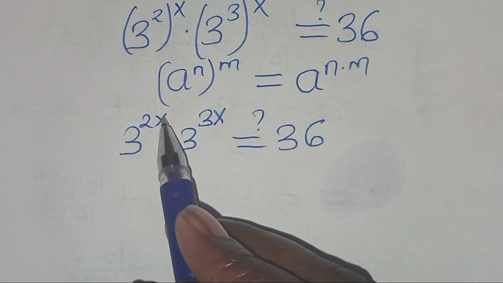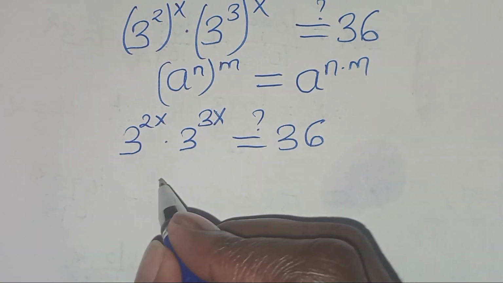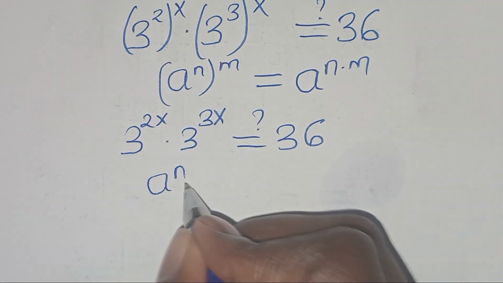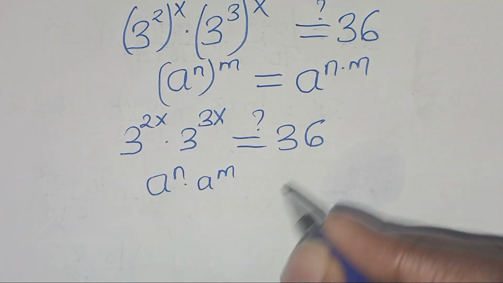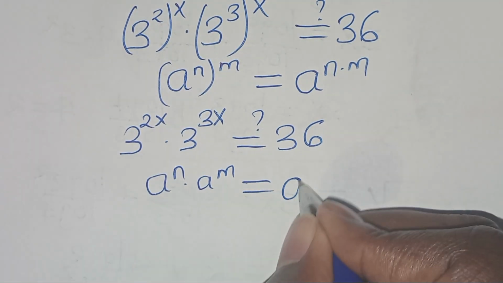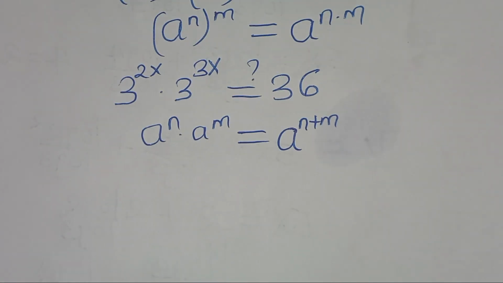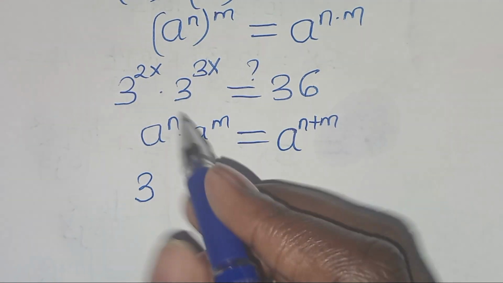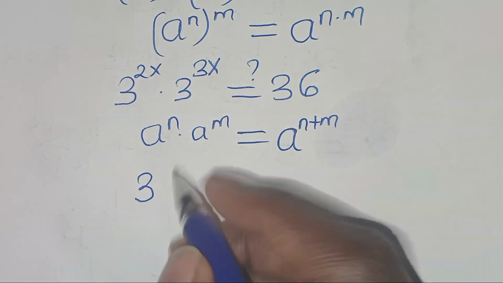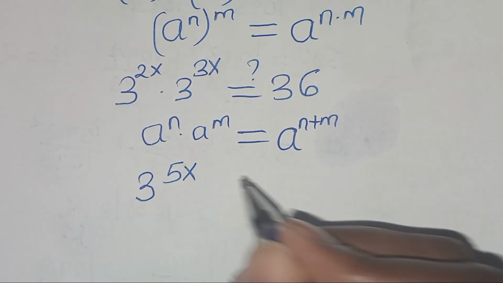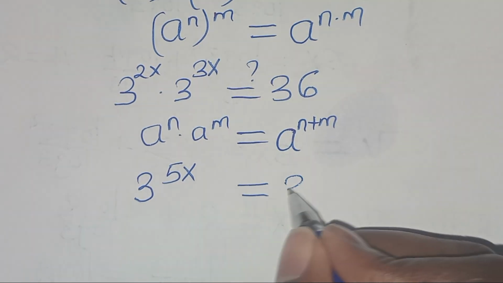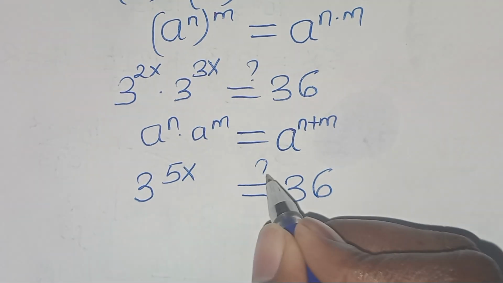Now, this is in the form of a to the power of n times a to the power of m, which we can express as a to the power of n plus m. Therefore, we have 3 to the power of 2x plus 3x. This is 5x. This is supposed to give us a value of 36.